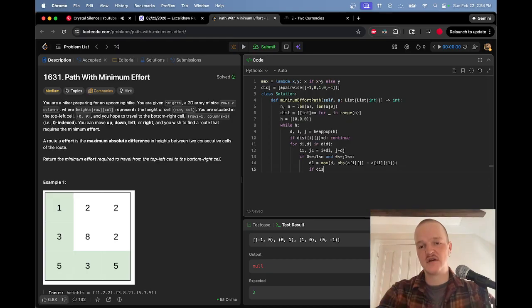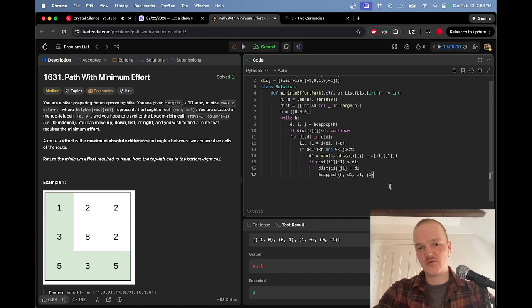So if dist at I1 at J1 is greater than D1, then dist at I1 at J1 equals D1, heap push H, D1, I1, J1. So then we'll go through, and then it should just be return dist at n-1 at m-1.